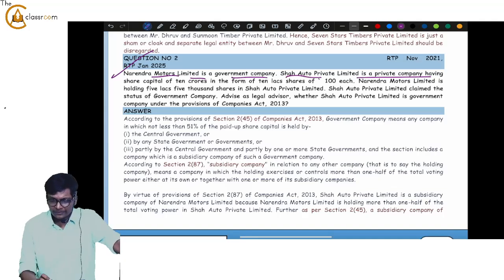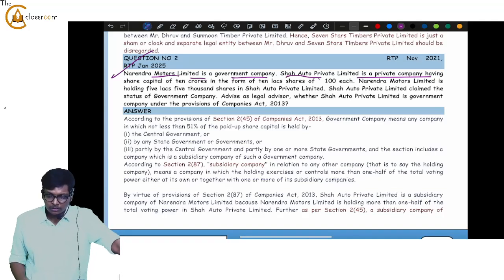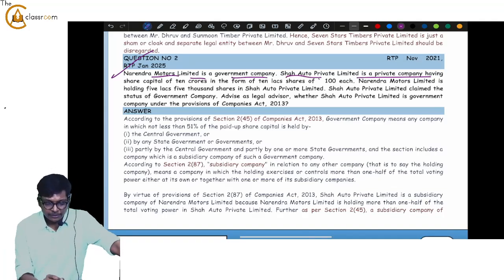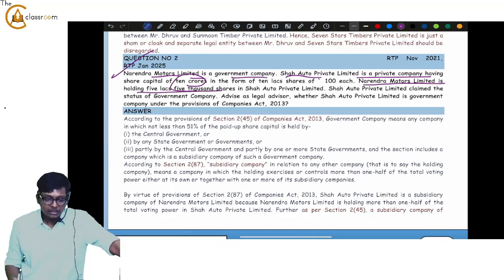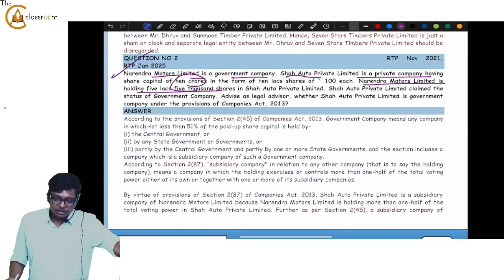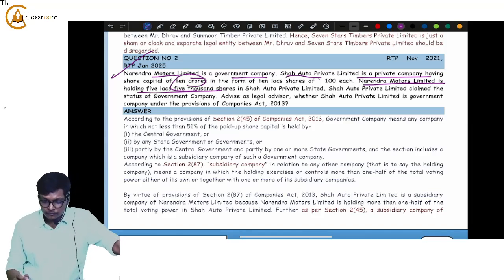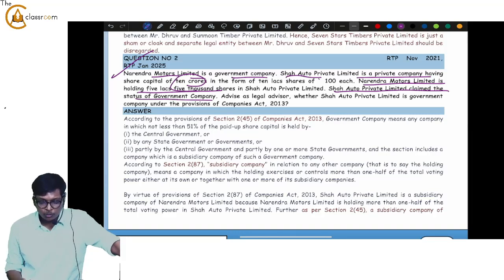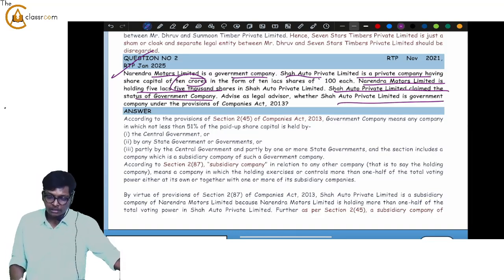Shah Auto Private Limited is a private company having share capital of 10 crores. Narendra is having 5,05,000 shares in Shah Auto Private Limited. Shah Auto Private Limited claimed the status of government company. Advise whether Shah Auto Private Limited is a government company.